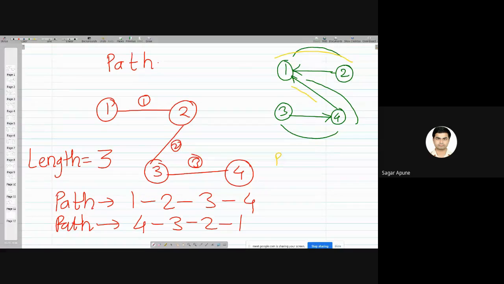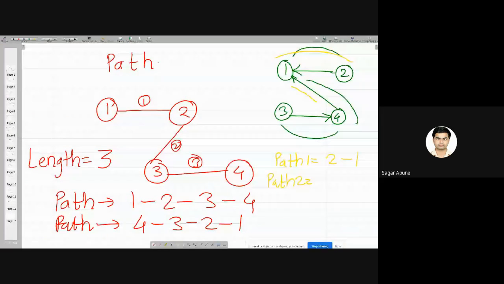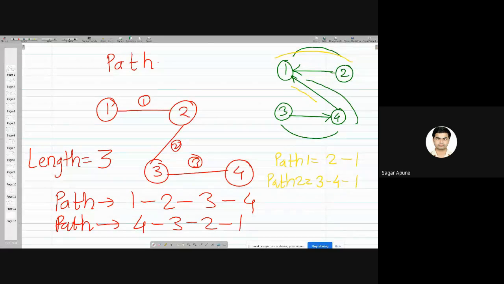So how many paths are there? First path is path 1: we can reach 2 to 1, so 2 dash 1. This is my path 1. Next, path 2, for the directed graph: I start from 3, then reach 4, then reach 1. This is my path 2.